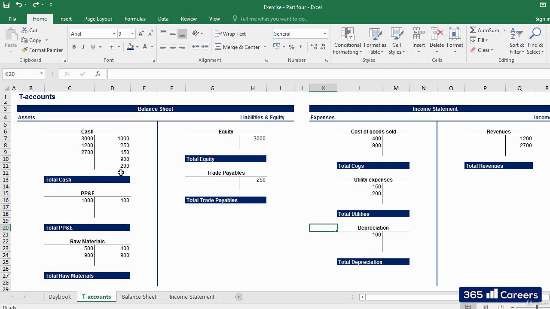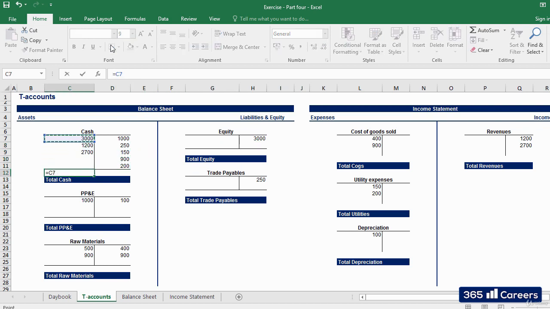Let's draw a line below each of the accounts and calculate the sum of its left and right columns. For the cash account, we would have the following: 3,000 plus 1,200 plus 2,700 on the left side, and 1,000 plus 250 plus 150 plus 900 plus 200 on the right side.